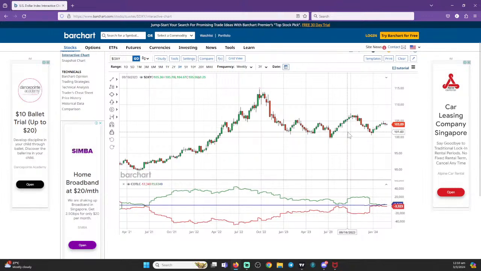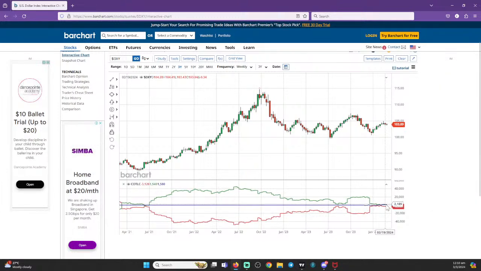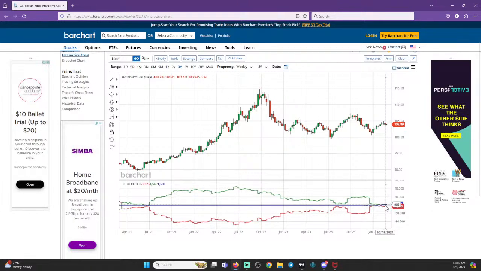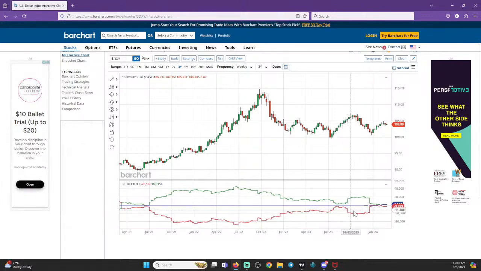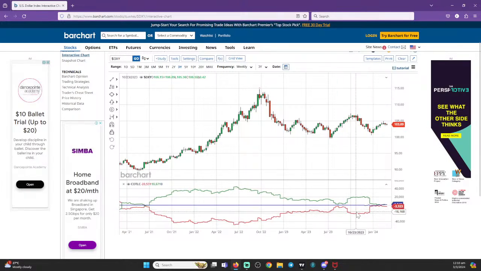So for example, right here, if you were trying to short the dollar, you would want to see the red line below the 0. This midpoint here is the 0, and you want to see the red line below 0. When they are below 0, it means that they are net short. Basically speaking, they are shorting.